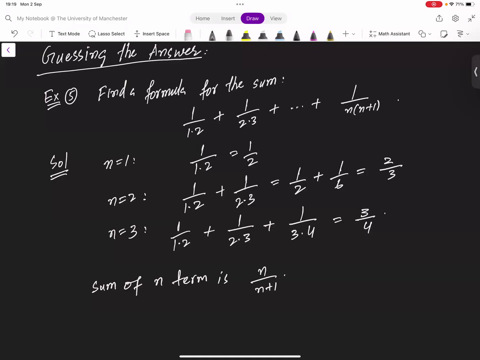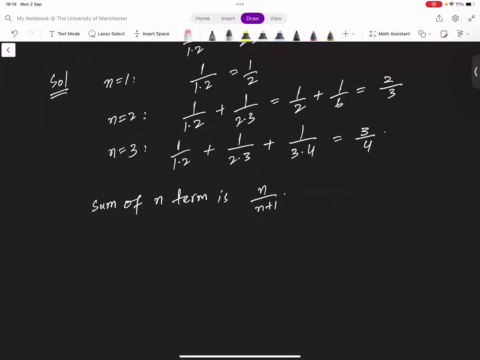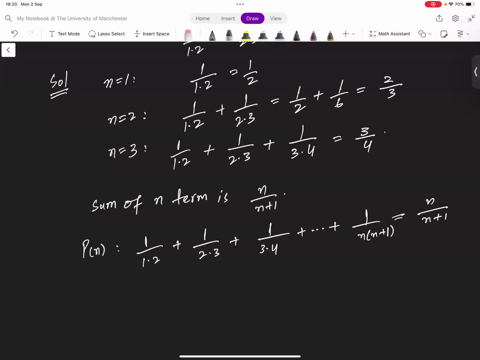Hence, we let P of n be the statement: 1 over 1 into 2 plus 1 over 2 into 3 plus 1 over 3 into 4 plus up to 1 over n into n plus 1 is n over n plus 1. This is the statement.